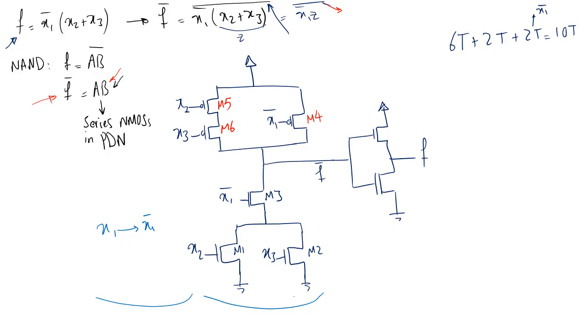And once F bar is ready, I can go from F bar to F, right? So this is x1 to x1 bar. This is x1 bar, x2, and x3 to F bar, and this is F bar to F. Therefore, I'm going to have 3 layers.